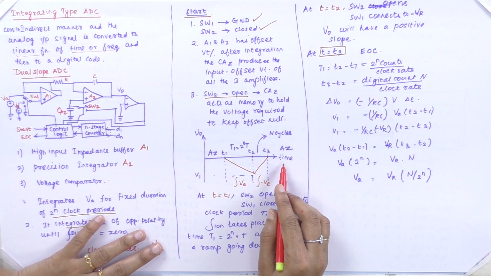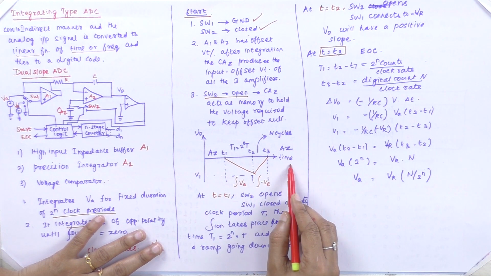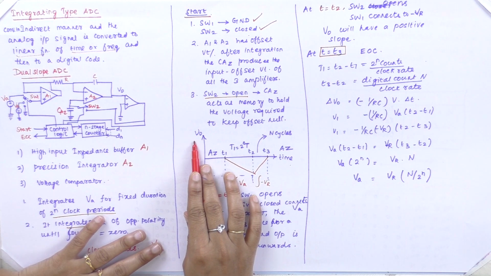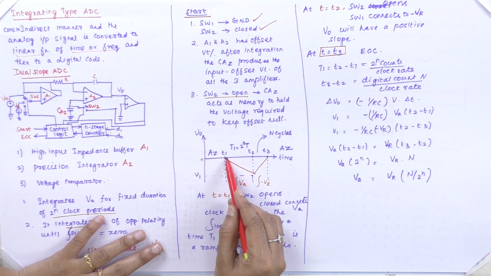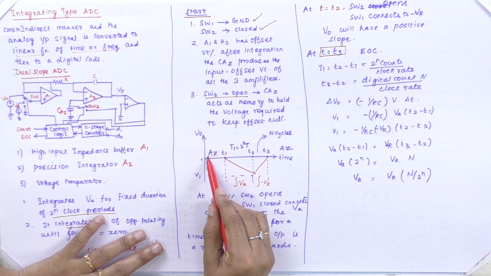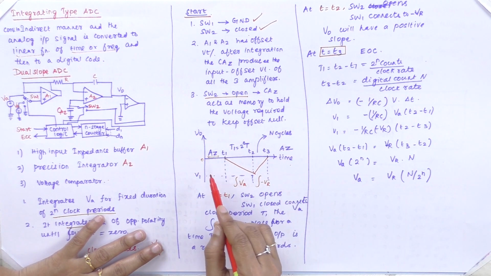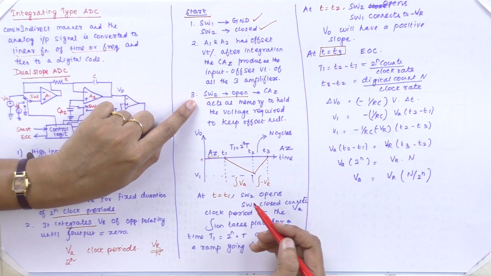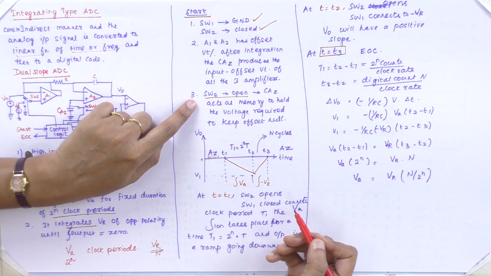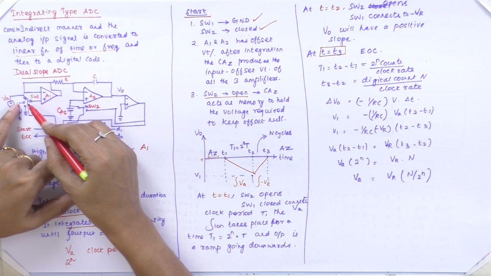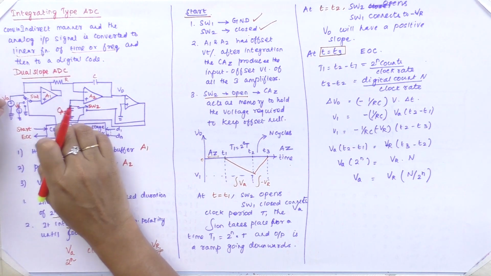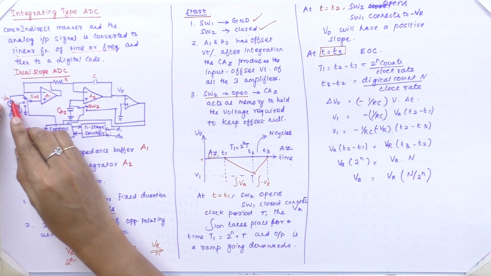Here we draw the characteristic curve of time versus output voltage V0. From 0 to T1, we do the auto zero correction. At T1, switch SW2 opens, SW1 gets closed, and it is connected to the analog signal.